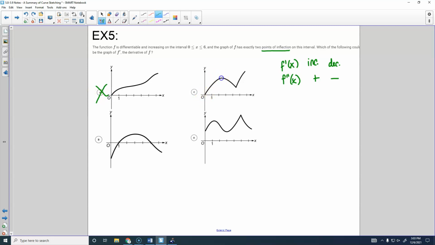Here we increase up to this point, we decrease to here, and then we increase again. So we would have 2 points of inflection here. For B, we only switch 1 time. It's not it. For D, we switch here, here, here. We got 3 for D, so C is the answer. It's okay that you have a cusp in the graph there. It doesn't rule it out.